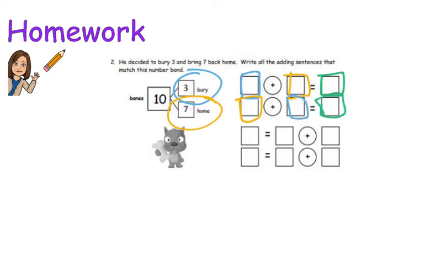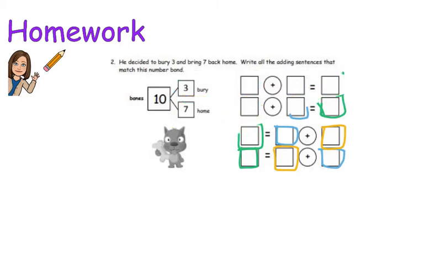But this time, on the bottom, they have the total first. So you can go ahead and solve your problem here. You're going to write all your equations using 3 and 7 to make 10.